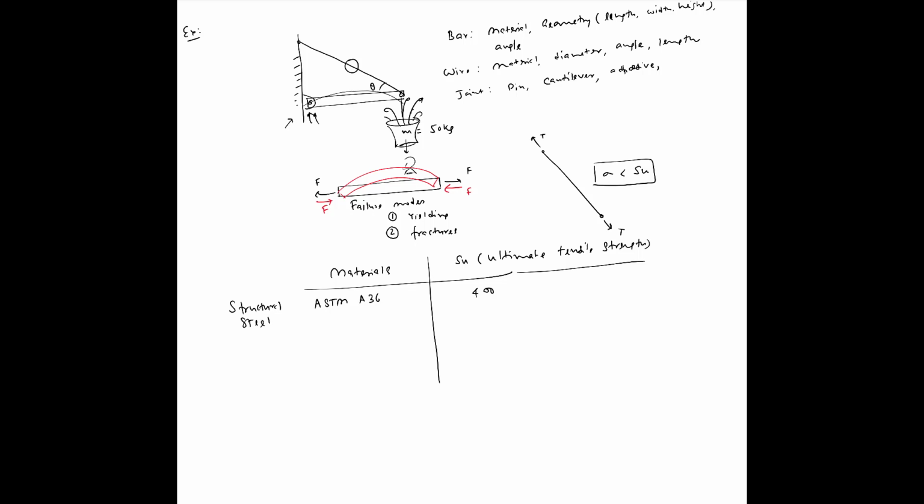Then another popular grade of steel, ASTM A514, is much stronger, with close to 825 megapascal as the ultimate tensile strength. For aluminum alloys, there's a whole range, of course, because there are different grades out there: close to 110 to 480 megapascal. These are just ballpark figures for different grades.